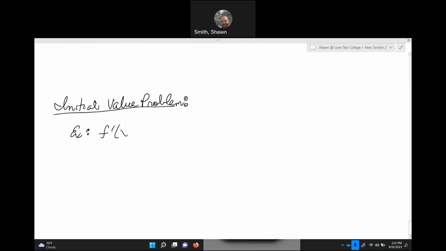Okay, suppose f prime of x, the derivative, is given as x squared minus 2x, and some value for x is given. F of 1 is equal to 1/3. Find cap F of x.